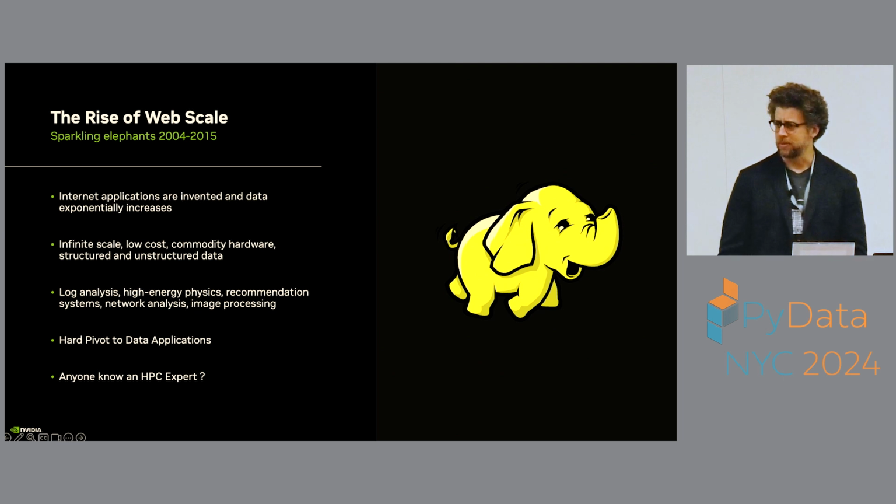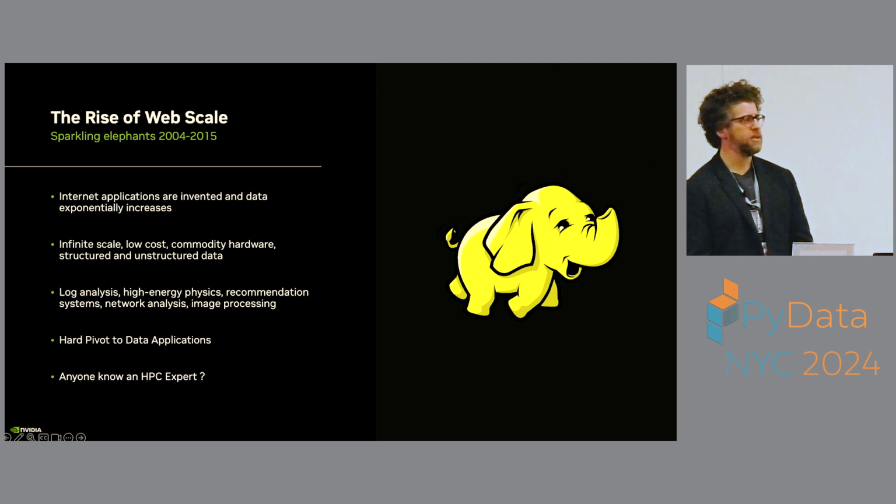But these HPC experts kind of sneered, or at least in a few conversations that I had with people, sneered at these things. And you can see some of these inefficiencies. You take a bunch of low-end commodity hardware, you connect it up with Ethernet, and you start thinking about inefficiencies. These aren't what are referred to as fat nodes. These are small nodes. You have to pay a cost of moving data around.